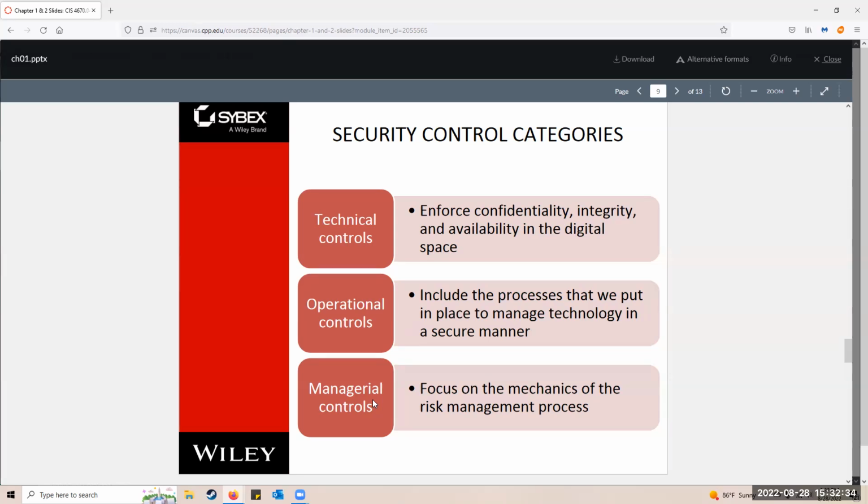Operational controls include what we're going to do in order to maintain that technology, to ensure that it is available, it is up to speed, it is patched, it is configured correctly and in a secure manner. Managerial control is going to focus on the mechanics of risk management and the process of risk management.